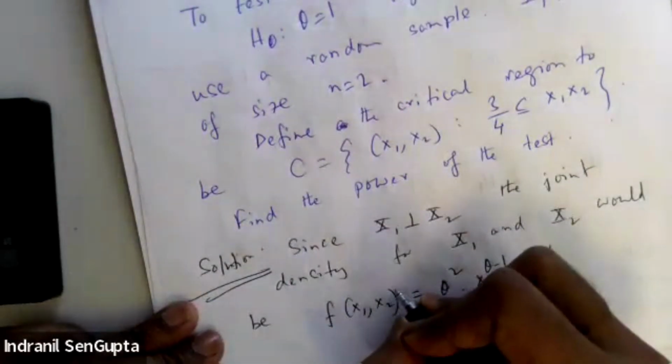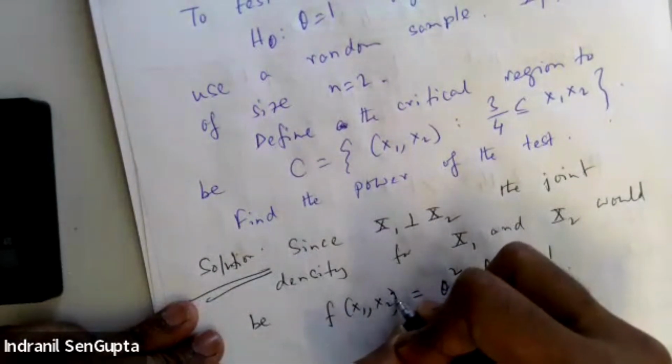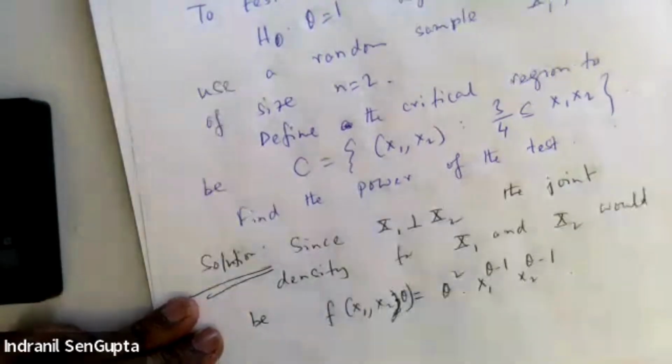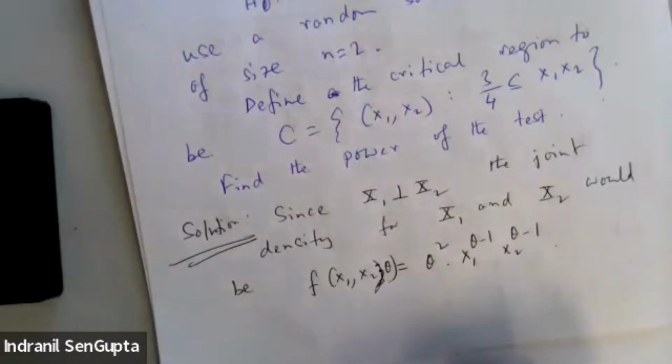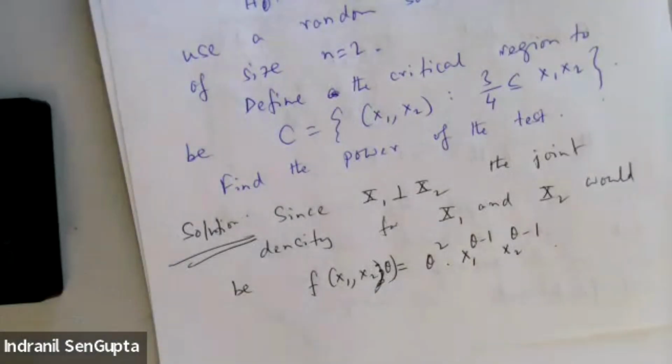If I want to match the notation of the previous one, it's basically f of x1, x2, theta. So that is the quantity of the joint distribution.